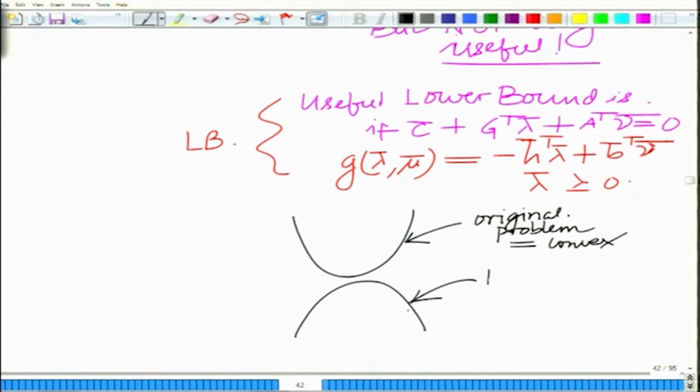This is the dual function, and this is always a lower bound, it entirely lies below the optimal value. So, this is the primal optimal.